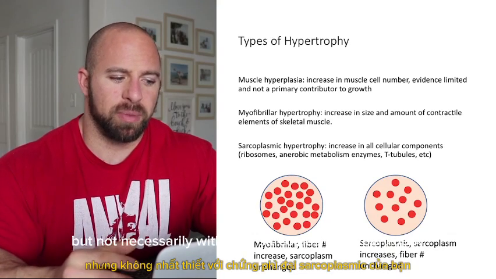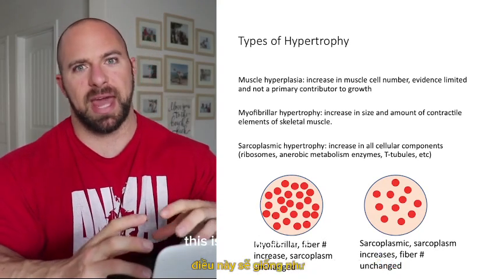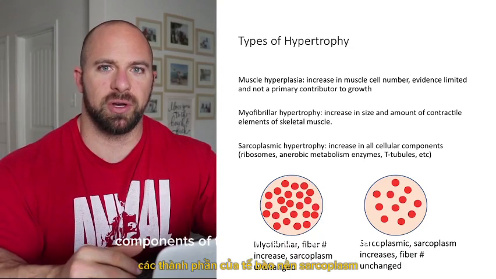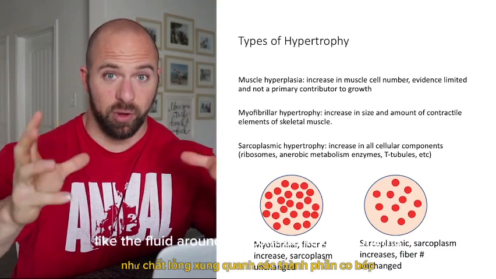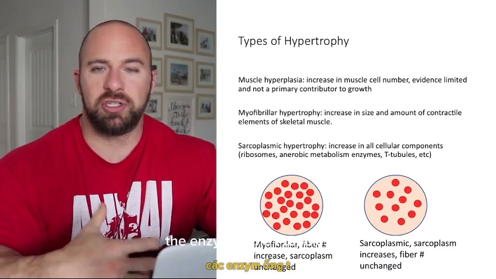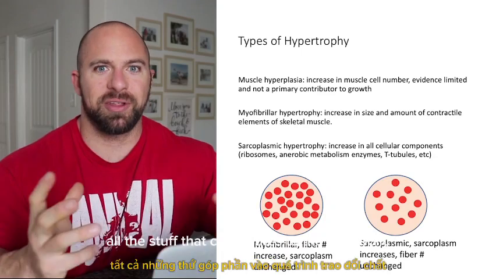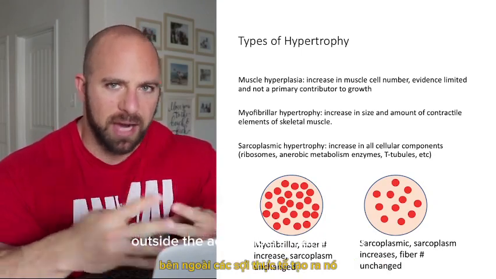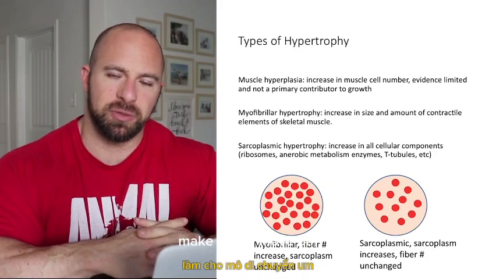With sarcoplasmic hypertrophy, this is going to be everything outside of the contractile components of the cell. So the sarcoplasm, like the fluid around the contractile components, the enzymes, the T-tubules, all the stuff that contributes to the metabolic function in the cell outside of the actual fibers that make tissue move.